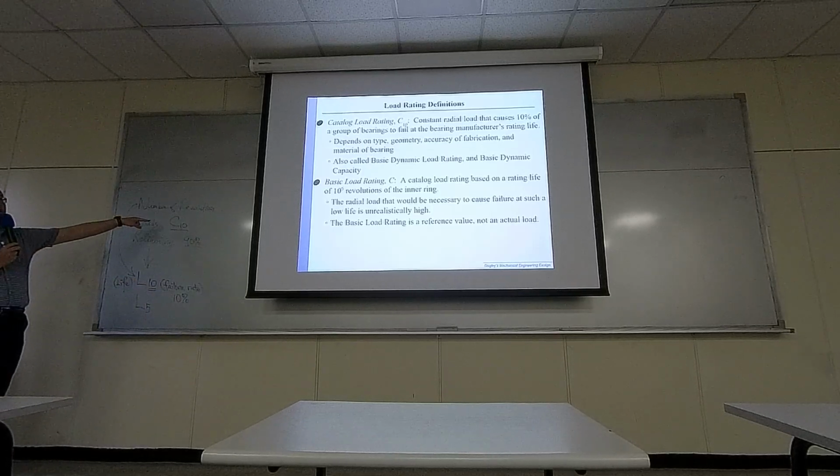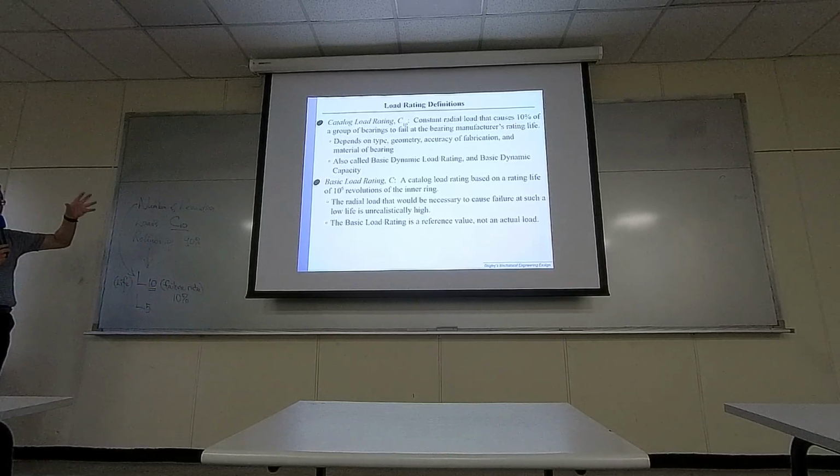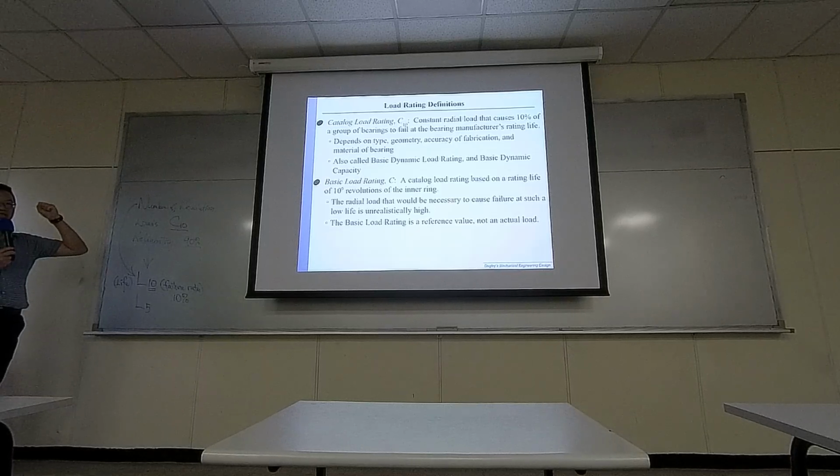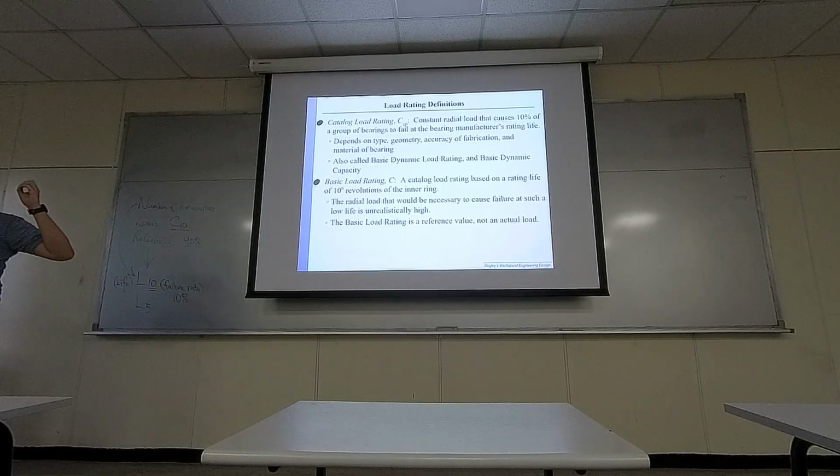The C represents some kind of rating. So it's like how you score this bearing design, and you give this bearing a certain level of score. But what is the score? How is the score being defined? The score is defined by the load, how much load it's going to carry.